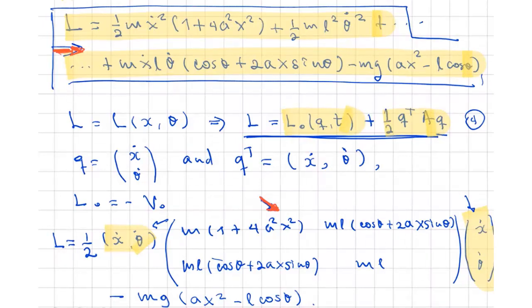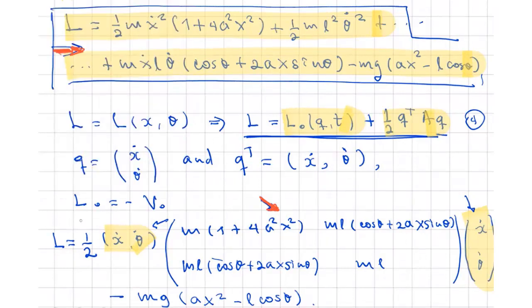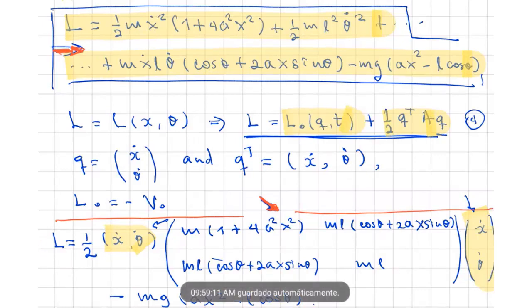Okay, guys, so I know it could be a little bit confusing, but this is the way we want to write the Lagrangian, because it's easier. This problem is too long and a little bit complicated because of the conditions that the problem has. It makes the solution too long.